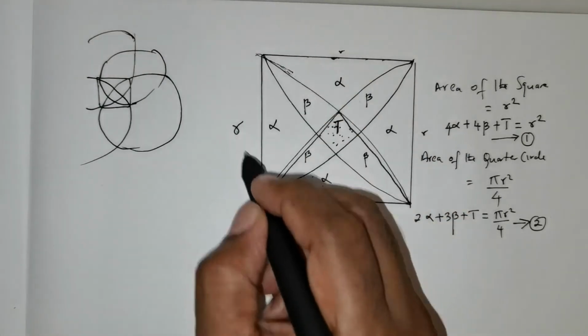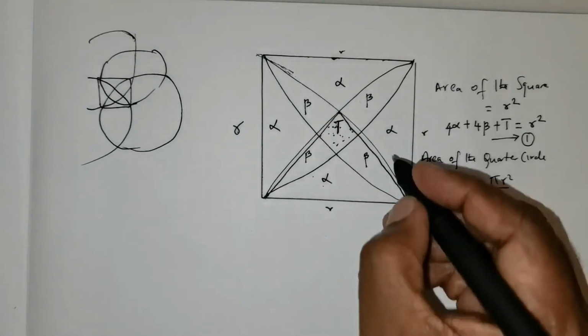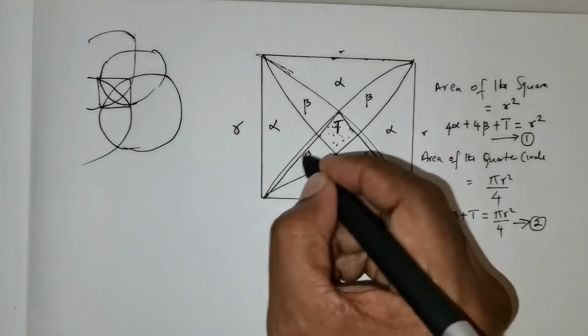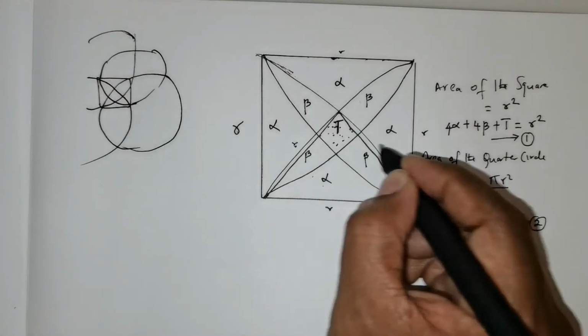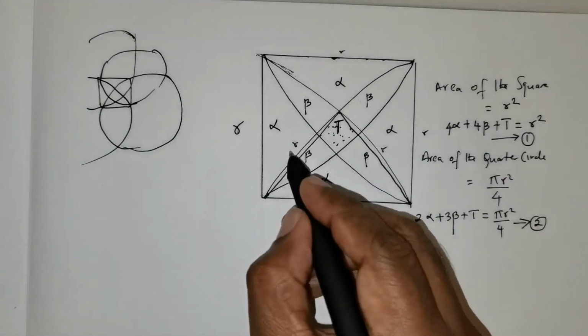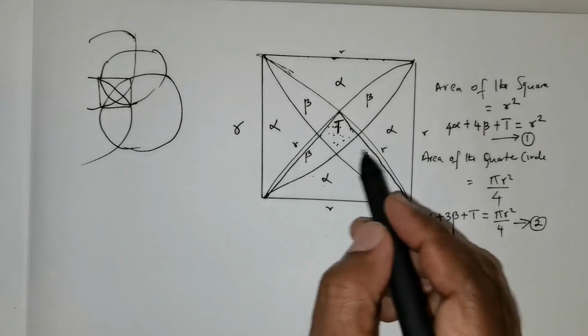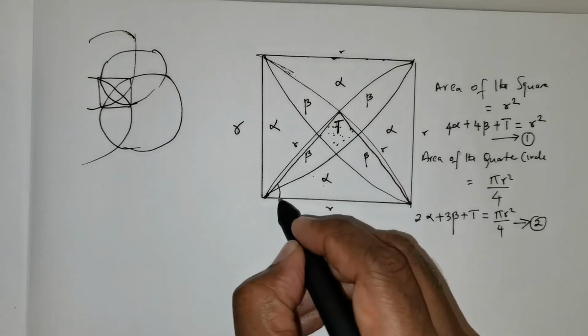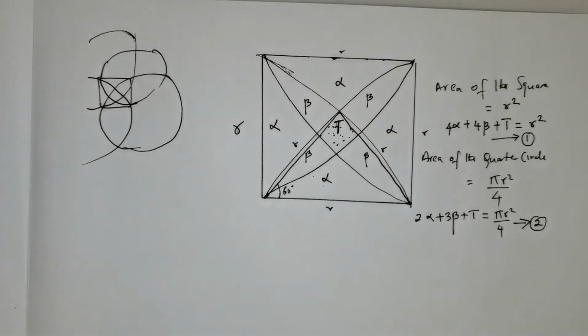Side of the square is r units. The sides that I've just connected should also be r units. So I write that down. Now, since all of these 3 sides are r, the angle should be 60 degrees. So we are talking about an equilateral triangle.